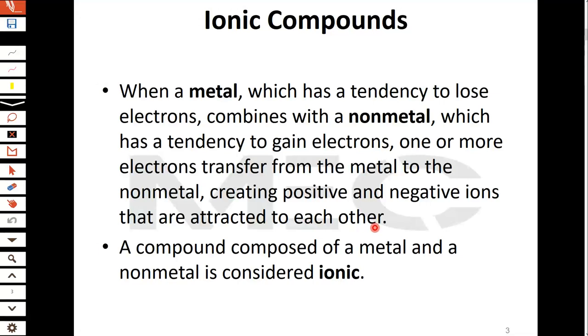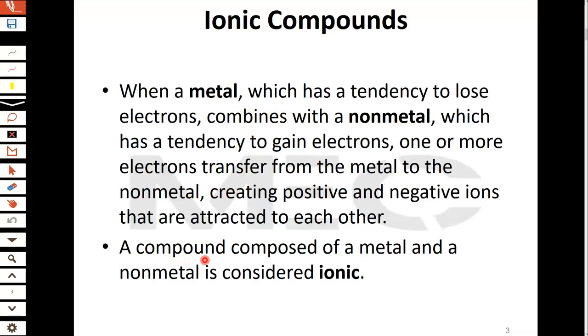So here electrons transfer. In covalent bonds we said electrons are shared between atoms, but in ionic compounds electrons are transferred from one element to the other. It is usually from metal to non-metal, because metals want to lose electrons and non-metals want to gain electrons. We'll talk about it later again.